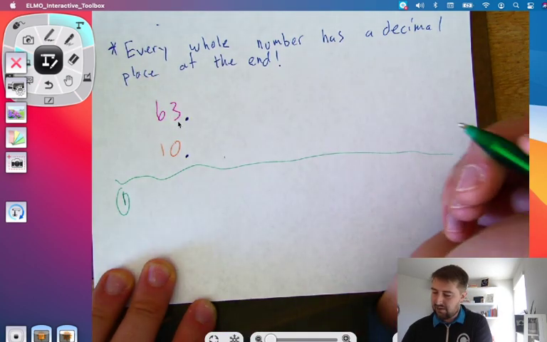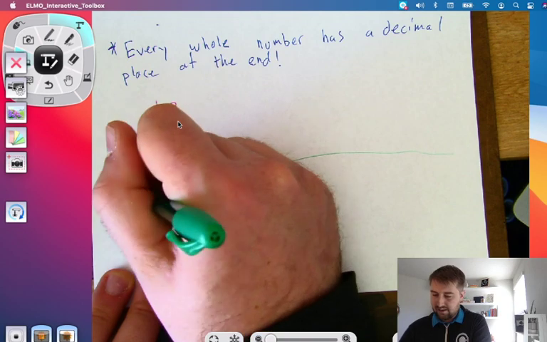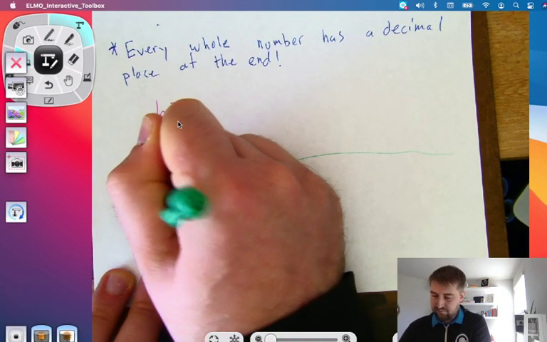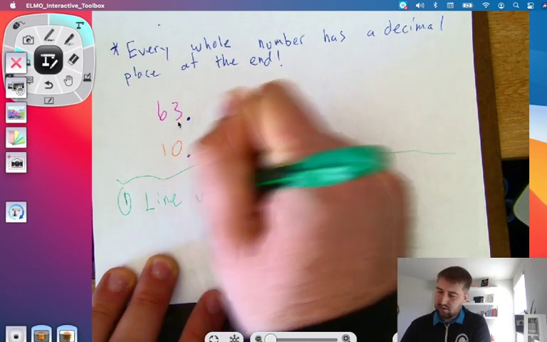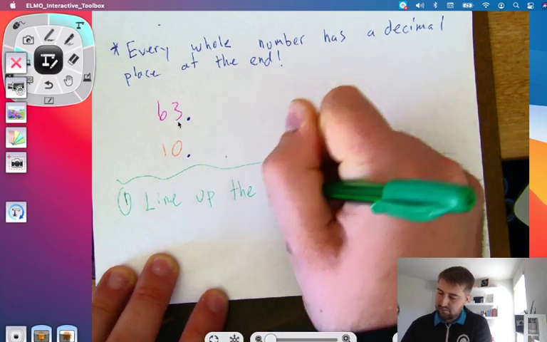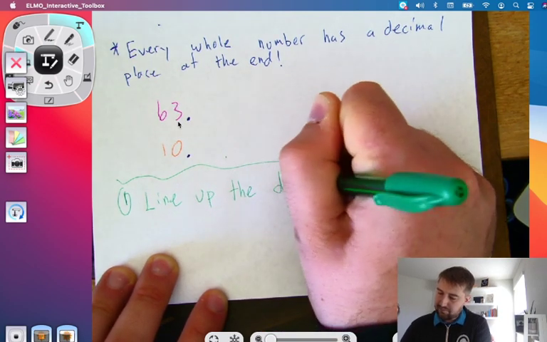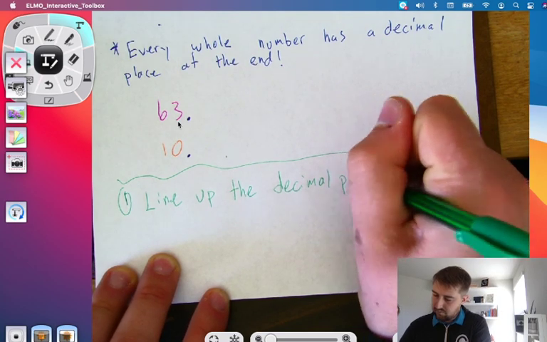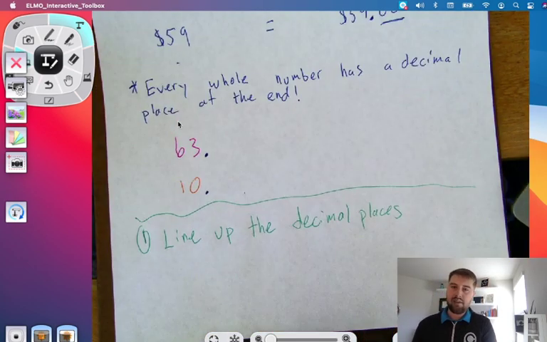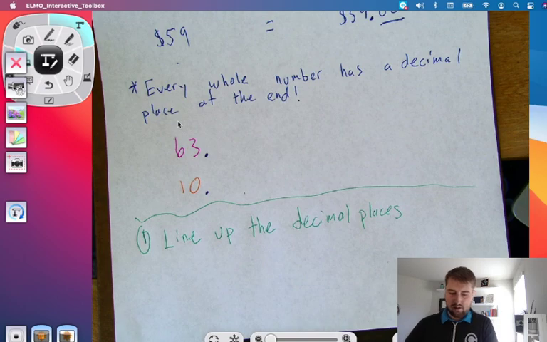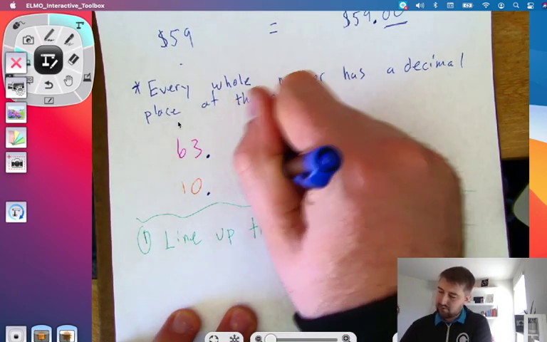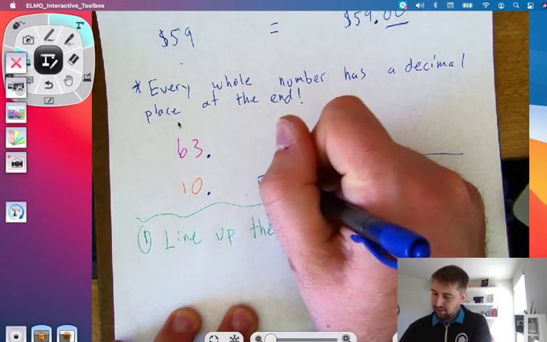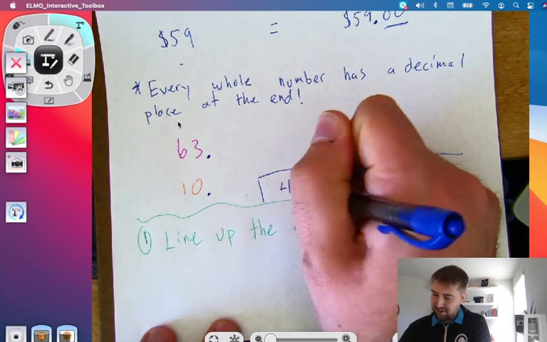But I should probably give us the 2 numbers first. So I'm going to write our 2 numbers up here. You can write them down here if you want, but I'm almost out of space.